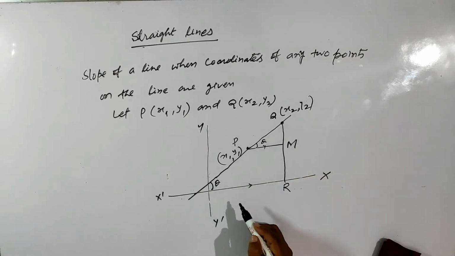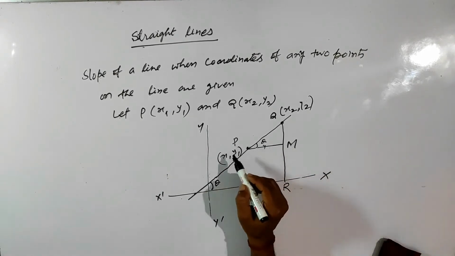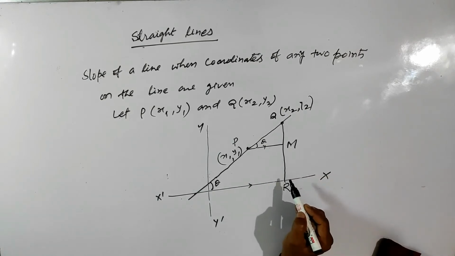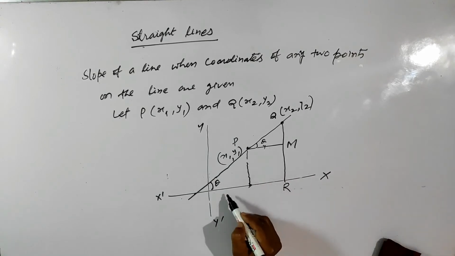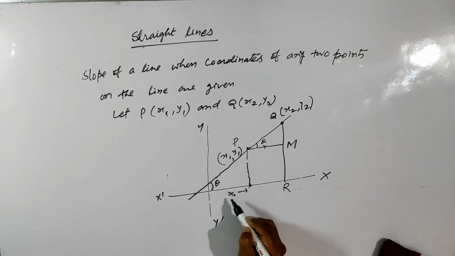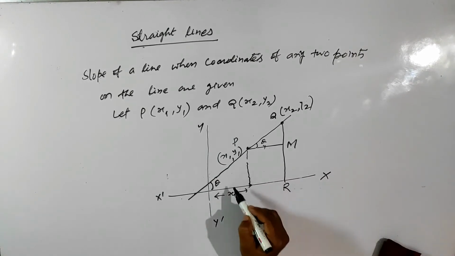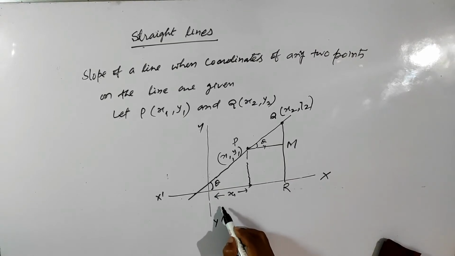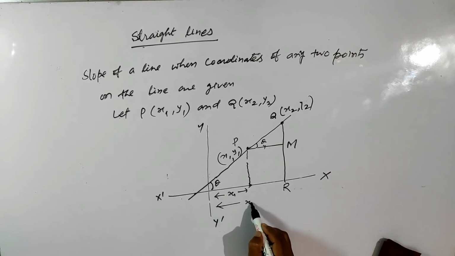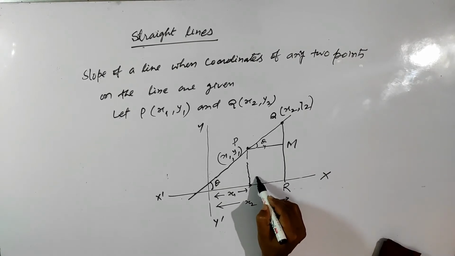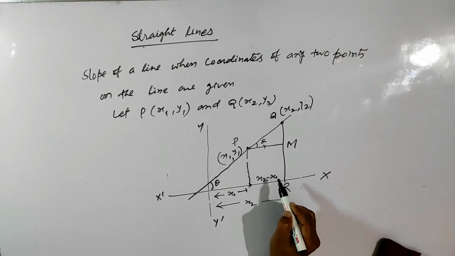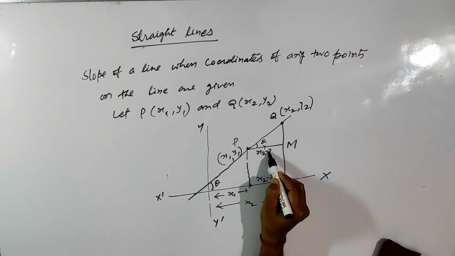Now consider here, this distance is x1 and this distance from the origin is x2, then this will be x2 minus x1.